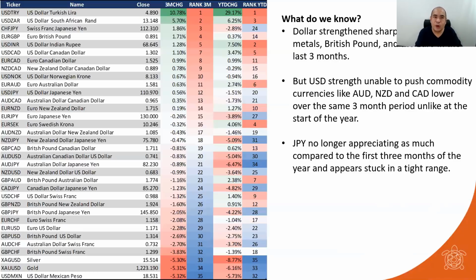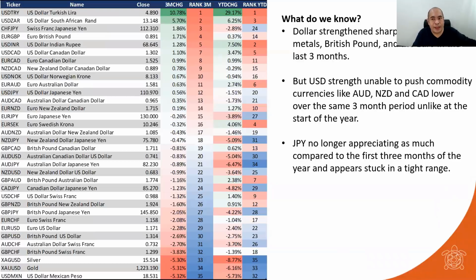So what do we know just by looking at this table? It tells us that dollar strength strengthened against base metals, British pound, and the euro over the last 3 months. But that the dollar strength has no longer been able to push down commodity currencies like the Aussie, NZD, and the CAD over the same 3-month period.